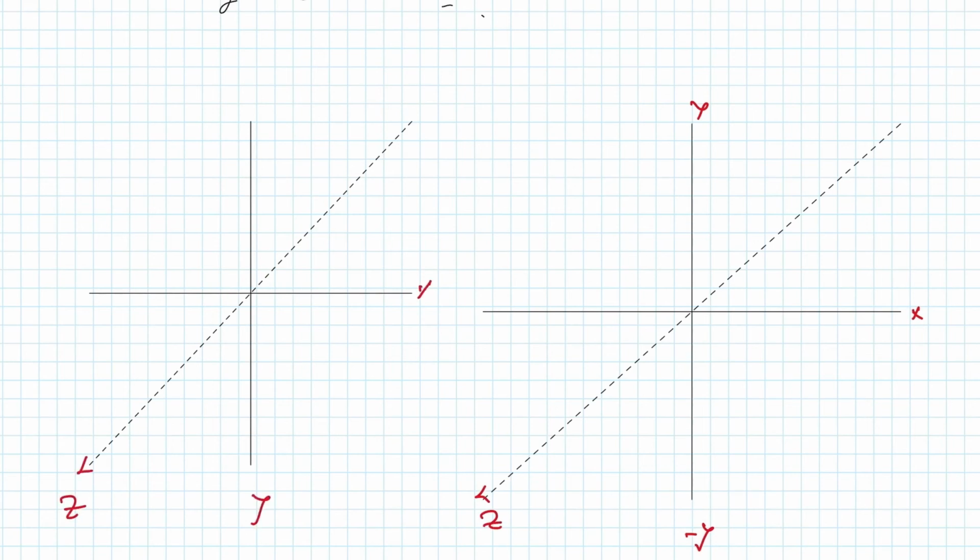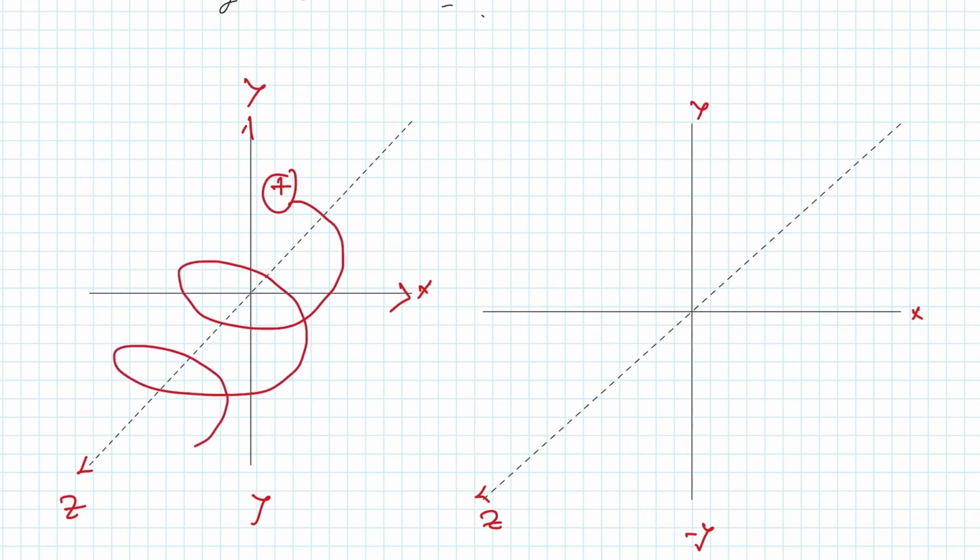Now this is the first case. Here the motion was like this. This is helical motion. Here all the circles are the same.